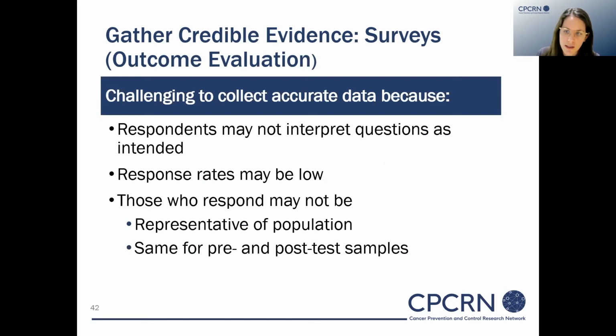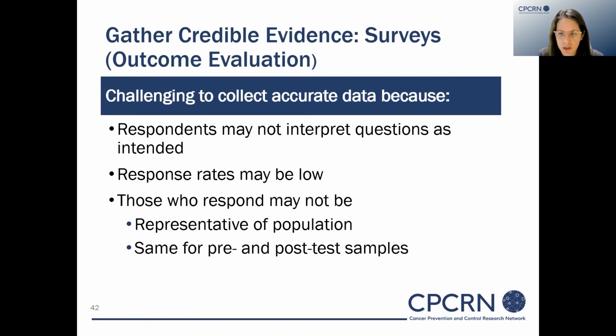So using surveys to collect outcome data can be more challenging because process data tells you whether an activity is happening, whether individuals were satisfied, and what barriers were encountered. So that's a little bit easier to get on a survey. But outcome data tells you whether a change actually took place at the level of individuals or groups of individuals.